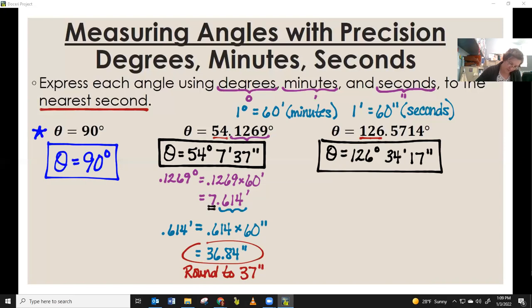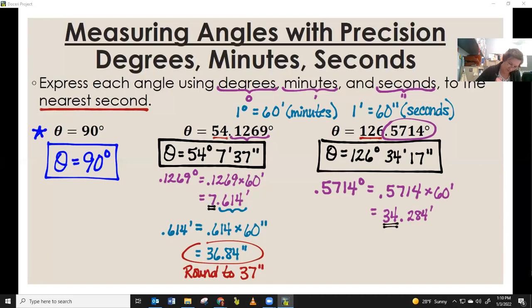So just like before, you would be grabbing the decimal portion and converting that into the more precise minutes. 0.5714 degrees is the same as 0.5714 times 60 minutes. And when you do that, you get 34 whole minutes and then 0.284.